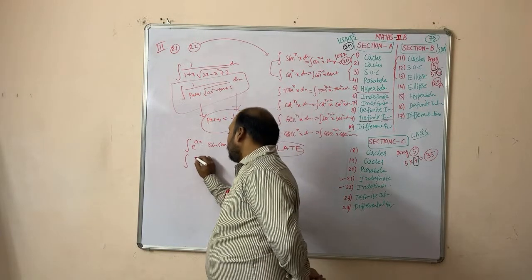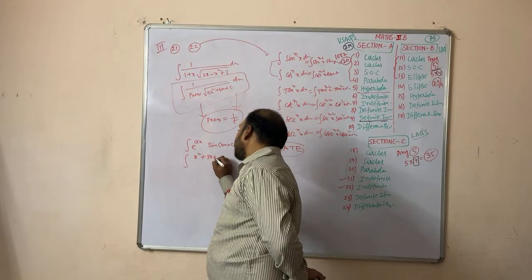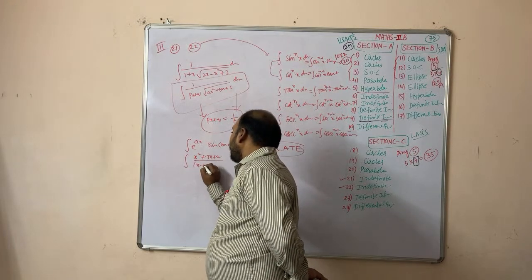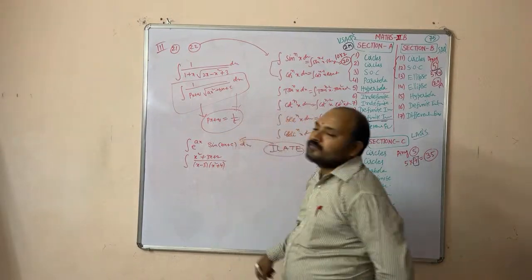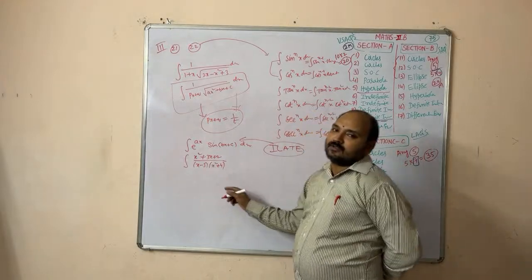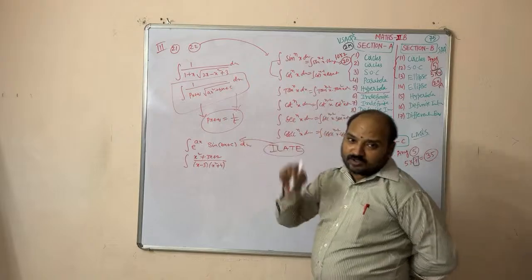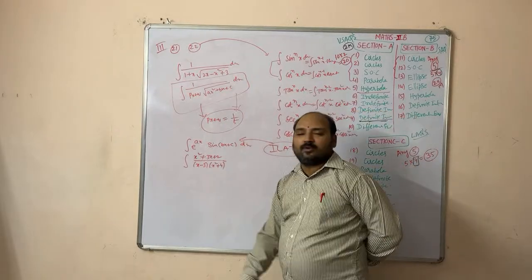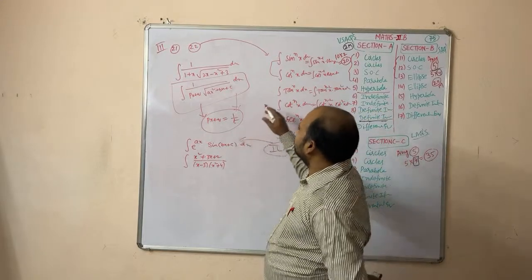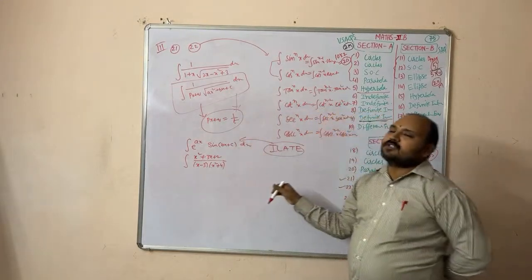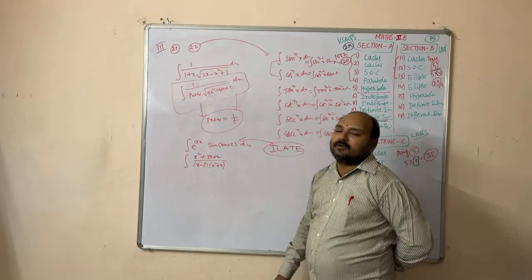So integral x square plus 3x plus 2 divided by x minus 3 into x square plus 4: linear and quadratic, and the quadratic is irreducible. Even if they want to ask a partial fraction question, they will give it this way. So keep in mind, most of the chances are there for these only.